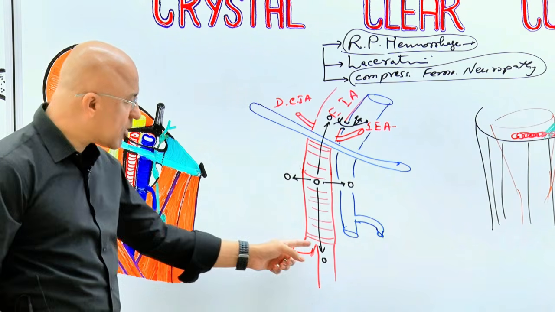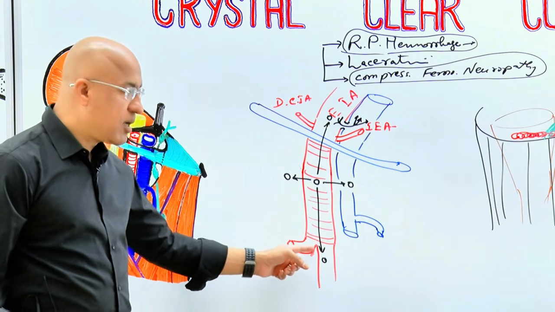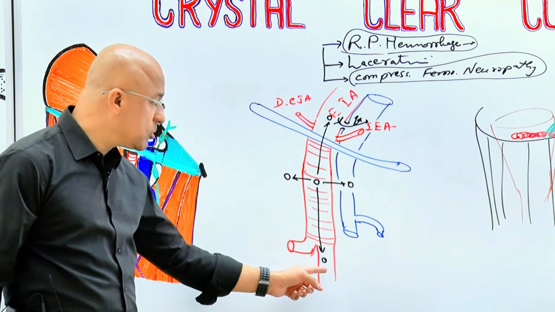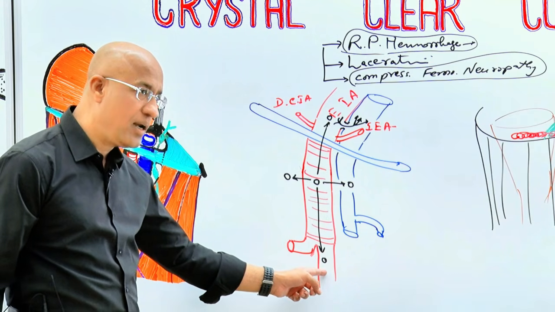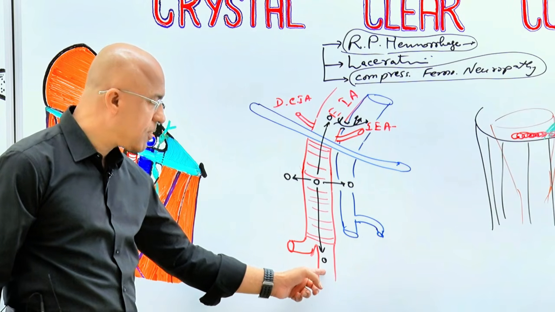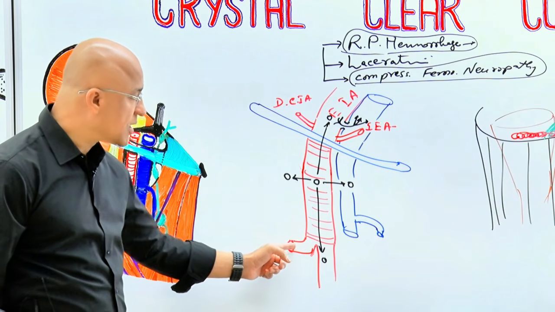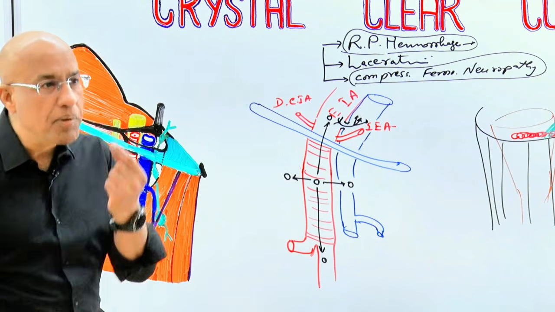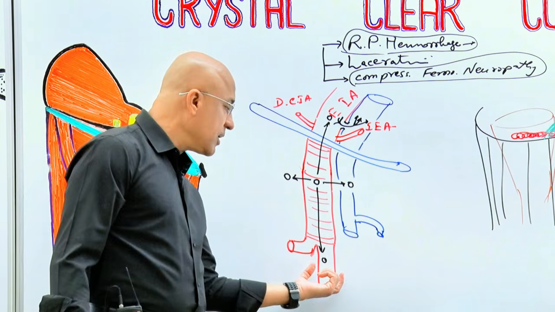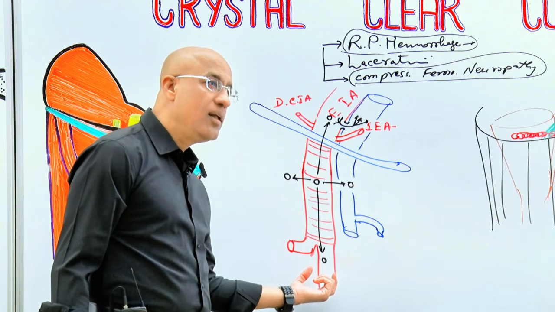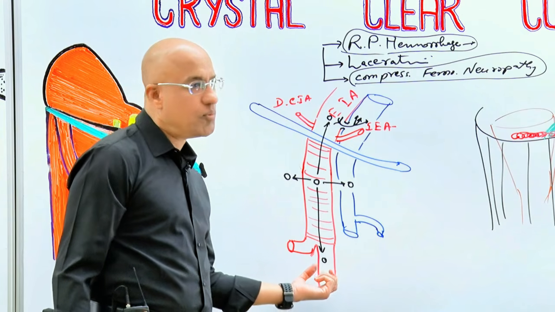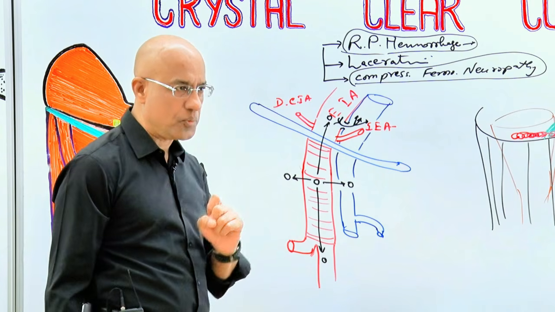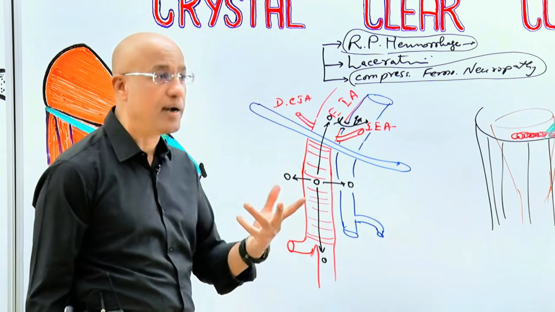Number one, because common femoral artery bifurcates here, if you puncture into superficial femoral artery, which is continuation of the common femoral, or you puncture the profunda femoris, in both cases you have problem number one, that you are puncturing a smaller caliber vessel. This is one issue, and I will tell you what problems will occur due to that.